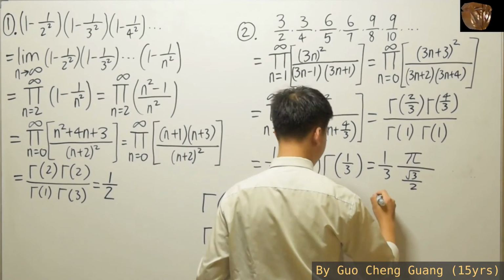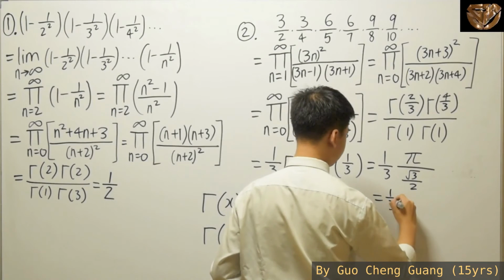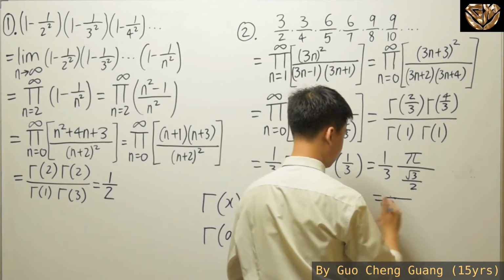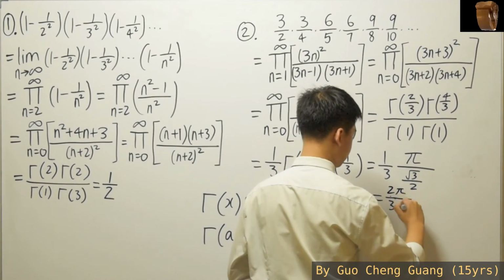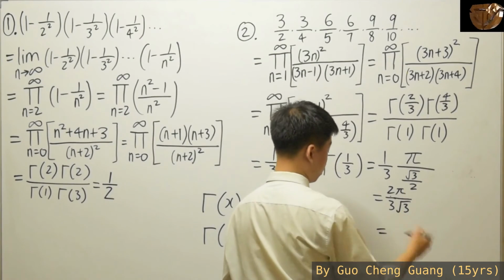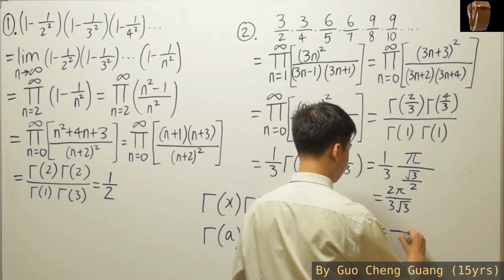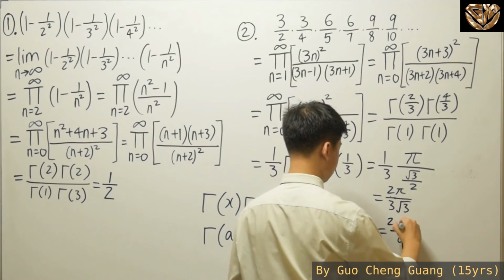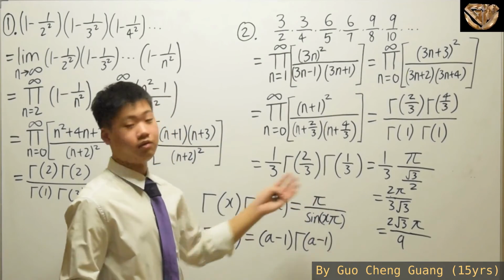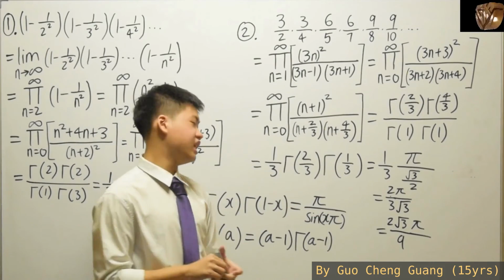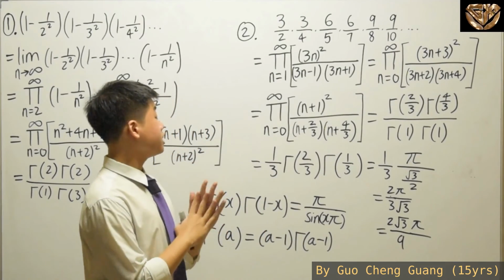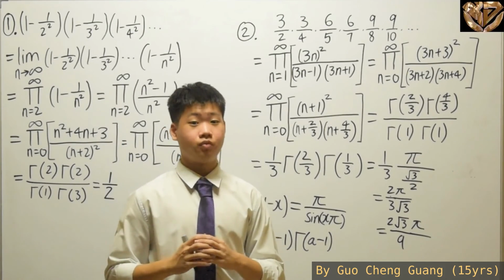Now, you can leave this in the form of 2 pi over 3 square root of 3, but generally we would prefer making the denominator not a root. So you can technically leave it in either of these forms, but we generally like this form below. Alright? So these are the two examples in this lesson.